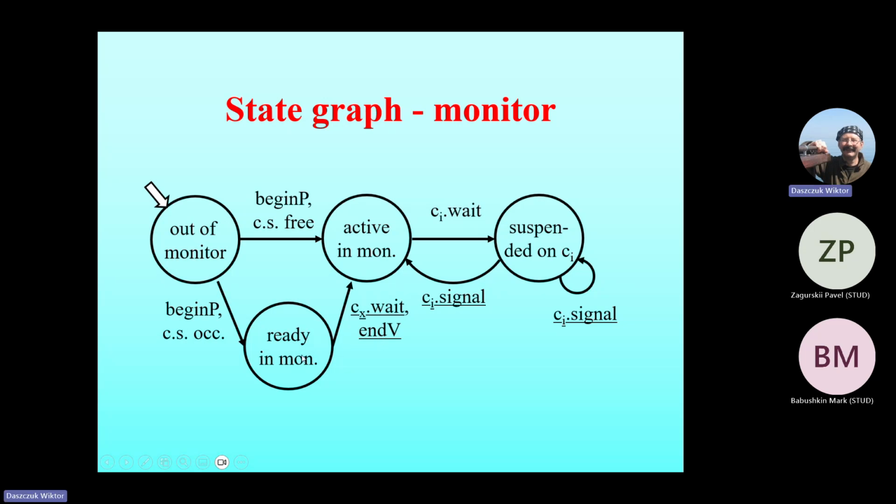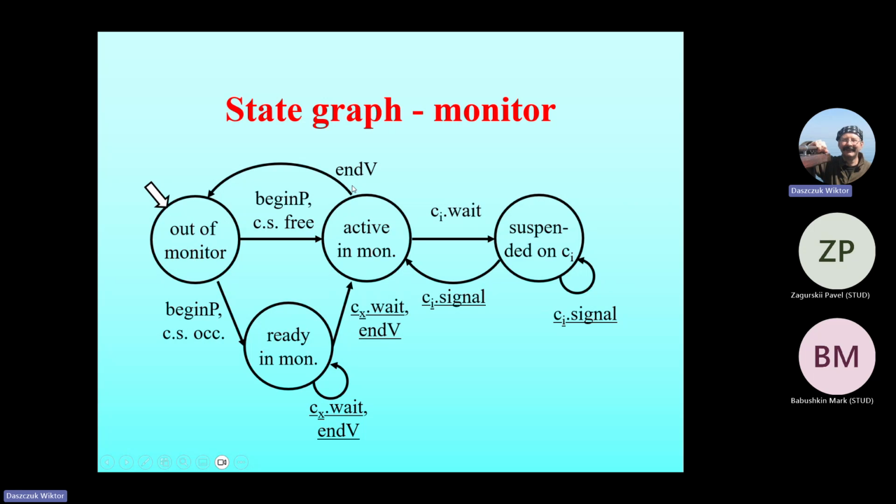One of the ready processes that want to enter the critical section becomes active. But again, it is non-determinism, because if many processes want to enter the critical section, one of them gets the critical section, the others continue to wait in ready state.